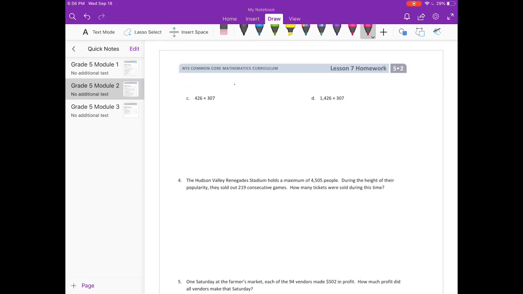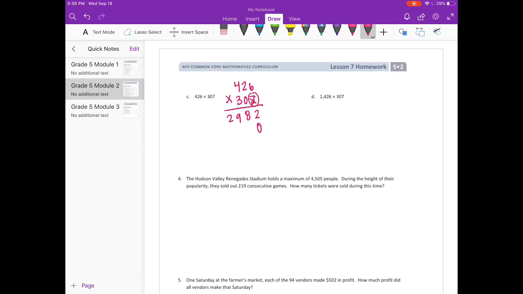426 times 307. Starting with the 7. 7 times 6 is 42. Carry the 4. 7 times 2 is 14, plus 4 is 18. Carry the 1. 7 times 4 is 28, plus 1 is 29. On to the 1s. Done with the 1s, on to the 10s.